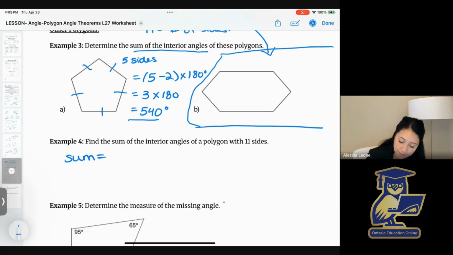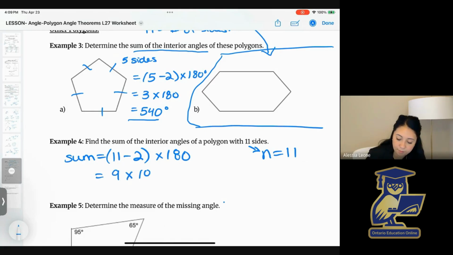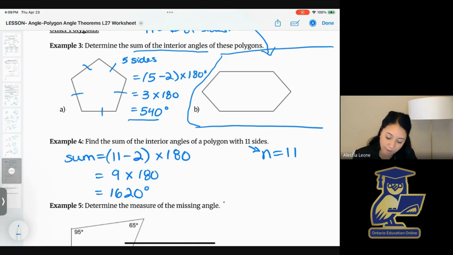N is 11. 11 minus 2 is 9. 9 times 180 is 1,620.